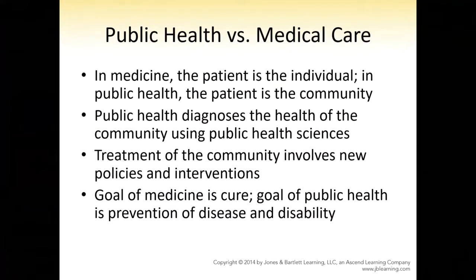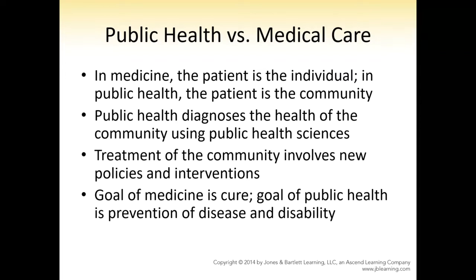And when we think about public health, it is different from the medical model, the medical care. In medicine, the patient is the individual. In public health, the patient is the community. Public health diagnoses the health of a community using public health sciences.